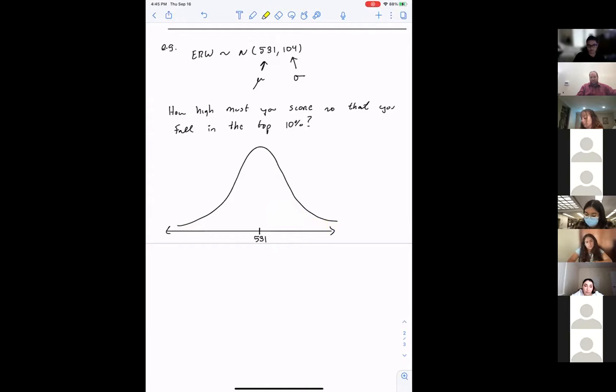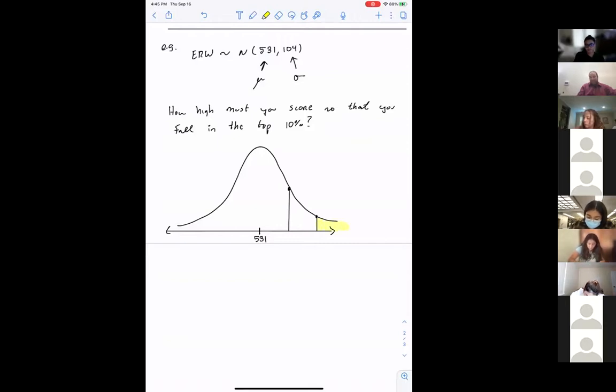What approximately would you say is roughly 10%? Somewhere in between the first and second standard deviation. Somewhere in between the first and second is correct. So if the first deviation is here and the second deviation is here, then we're certainly shading here.